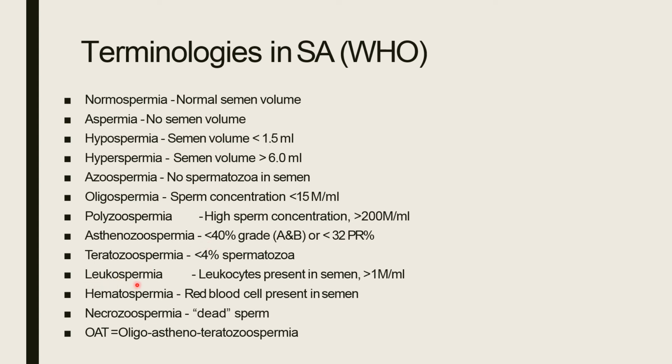There could be leucospermia if leukocytes are present at more than 1 million per ml. Leukocytes are WBCs. So if WBCs are present in semen at more than 1 million per ml, then it is called leucospermia. There could be hematospermia. Hematospermia is if red blood cells are present in semen in any quantity.